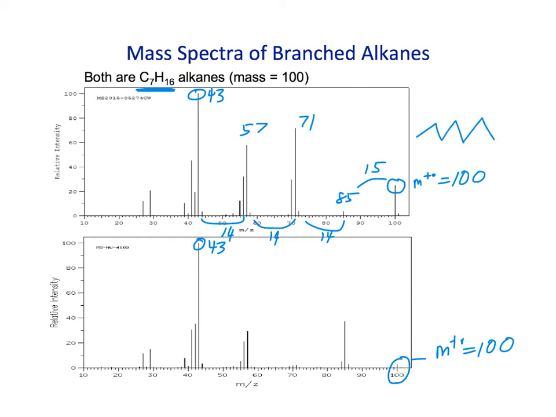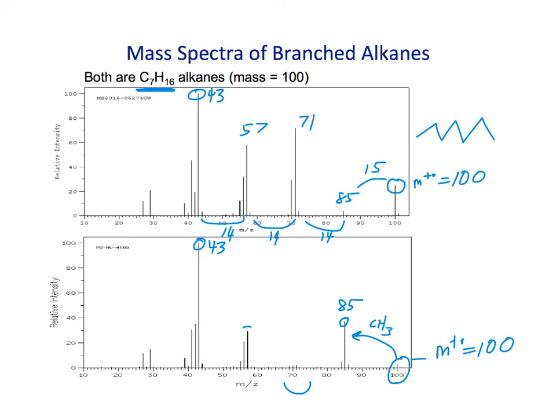The bottom one, notice that we don't even really have the ion at 71. We have a bigger ion at 85. What was 85 generated from? What did we lose? A methyl group, right? So this is loss of methyl.